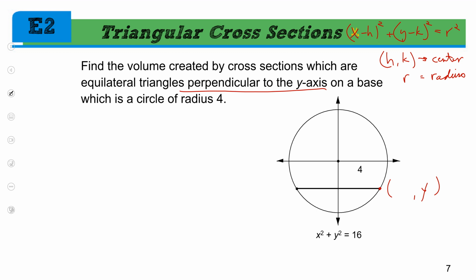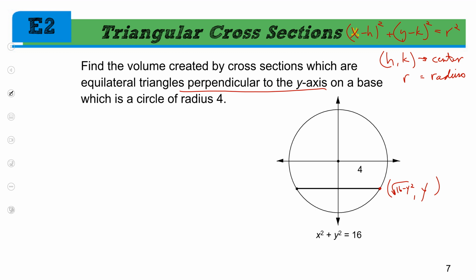What's the x value? Positive or negative 4? No, that would be true if I chose this point, but I'm picking any random point. Well, yes, kind of. Square root of 16 minus y squared.